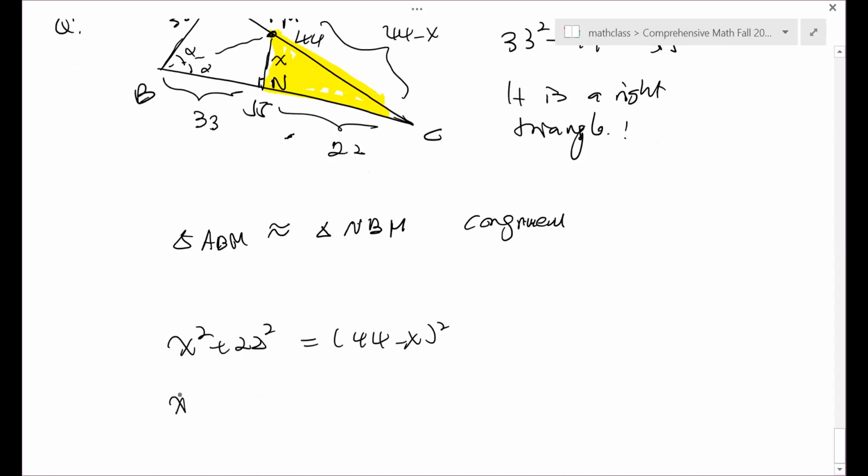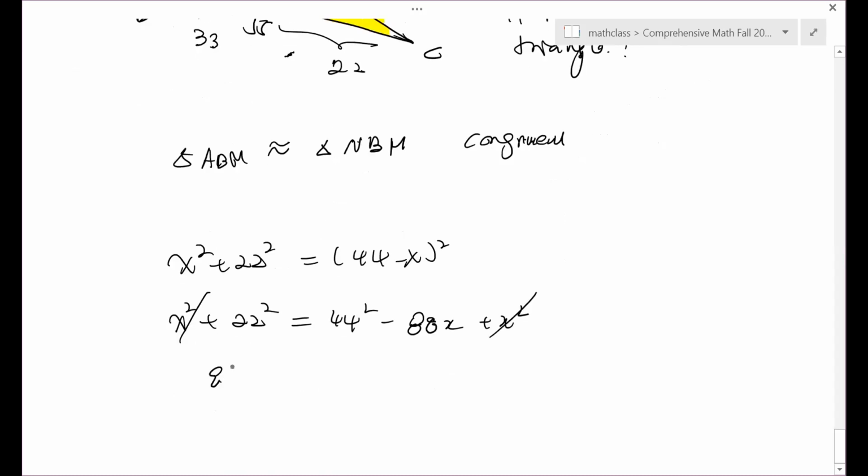Let's find out. 22 squared equals 44 squared minus 2 times 44 X, that's 88 X, plus X squared. X squared is gone. So 88 X is going to be 44 squared minus 22 squared.